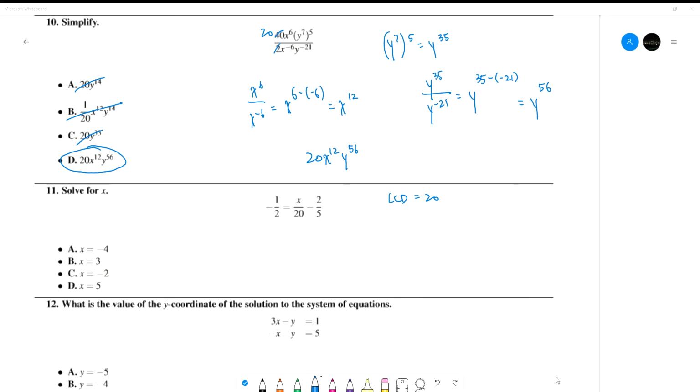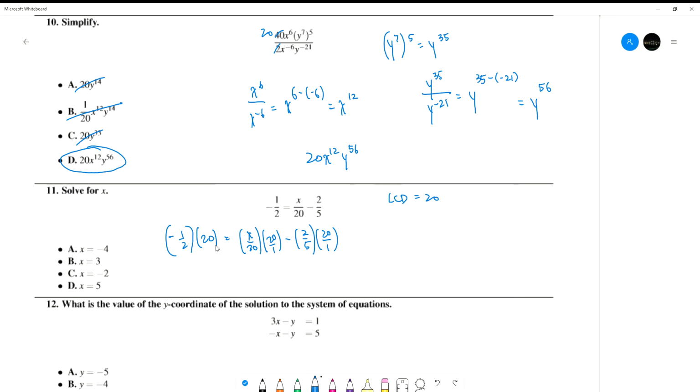Okay, so multiply every single term by this LCD of 20. What happens? So I have negative half times 20, and then I have x over 20 times 20 over 1, and then minus 2/5 times 20 over 1. This is the distributive property right here.